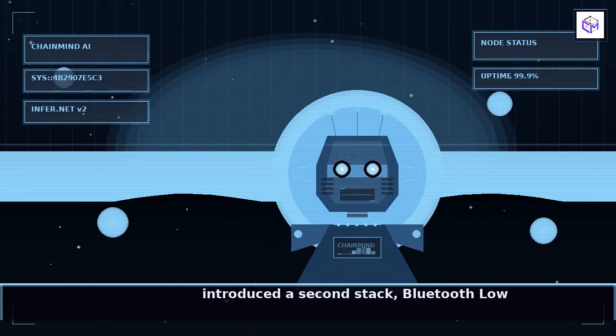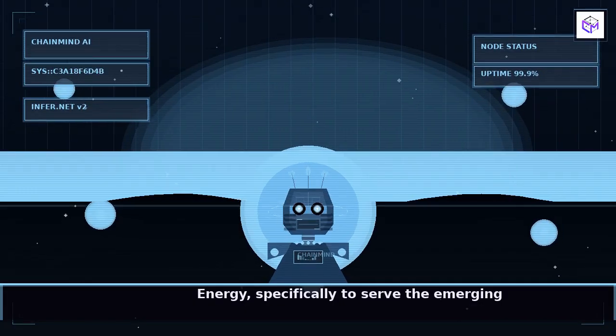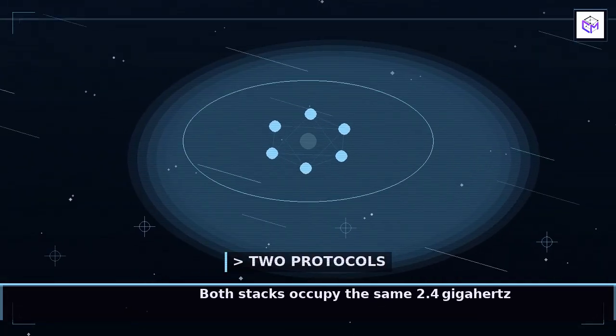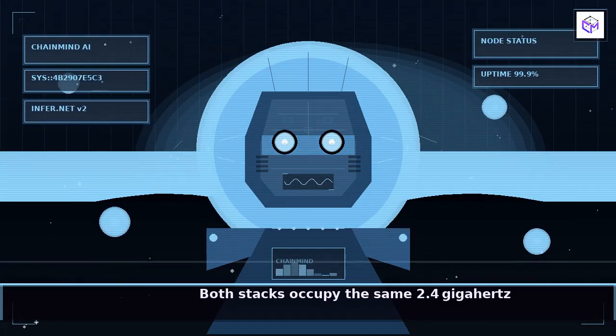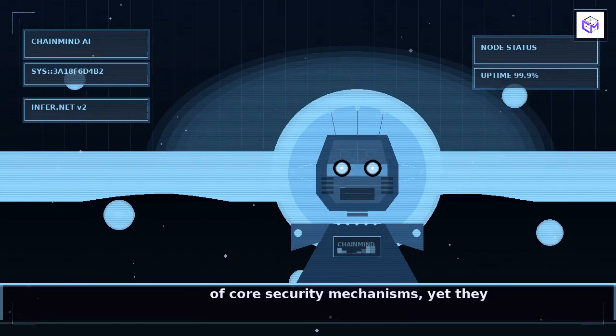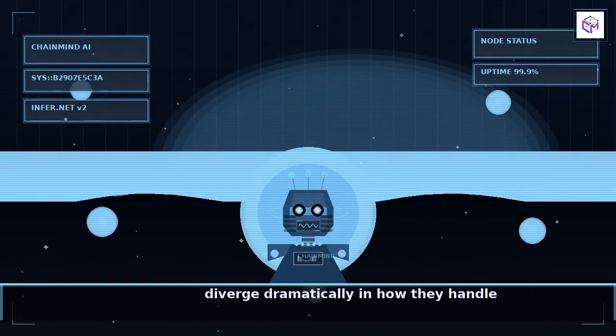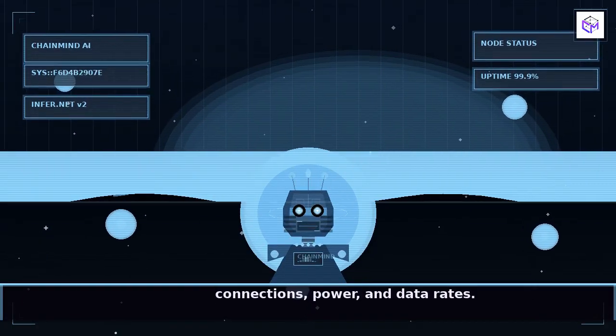Both stacks occupy the same 2.4 GHz ISM band and share a lot of core security mechanisms, yet they diverge dramatically in how they handle connections, power, and data rates. Understanding that divergence is the first step toward making an informed design decision.